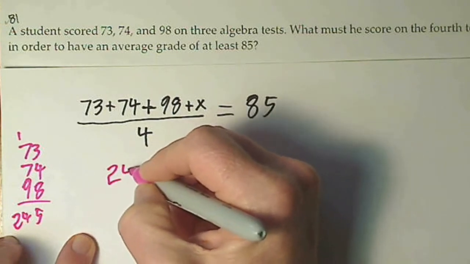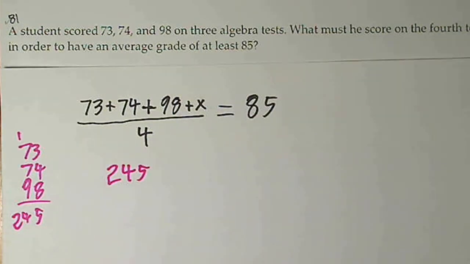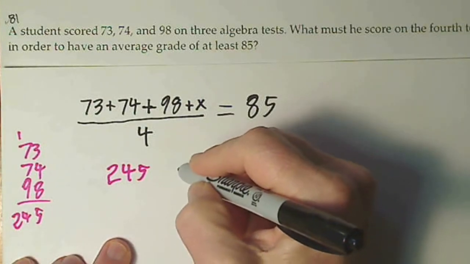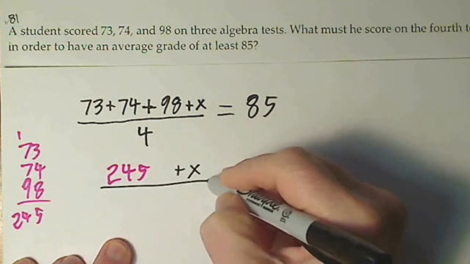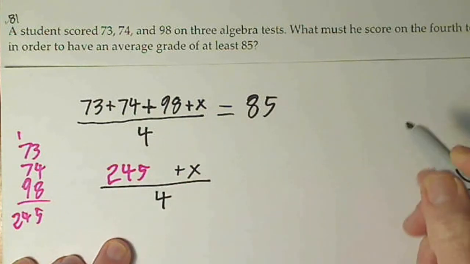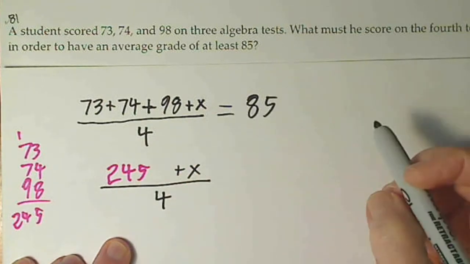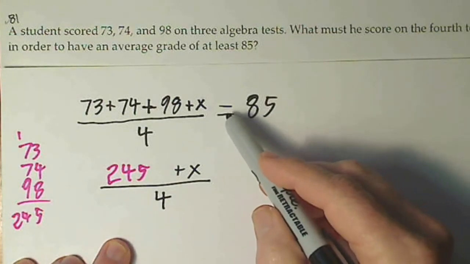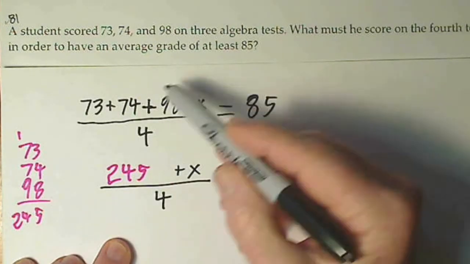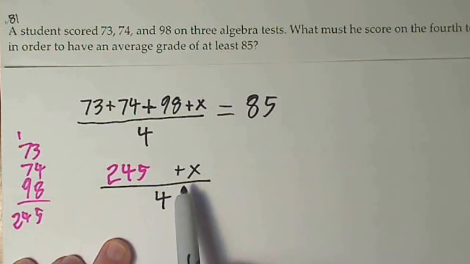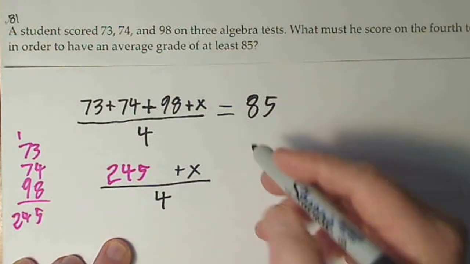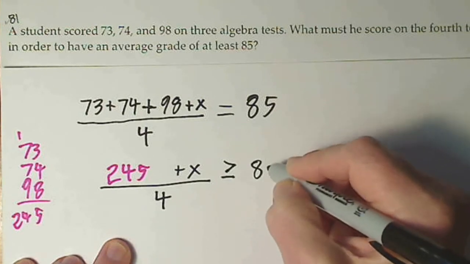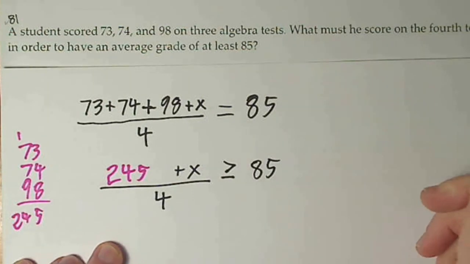So we have 245 plus x over 4, and I never did change my equal sign here. He has to get at least 85. So this average here, this could be bigger than 85, but it can't be any smaller. So greater than or equal to 85.